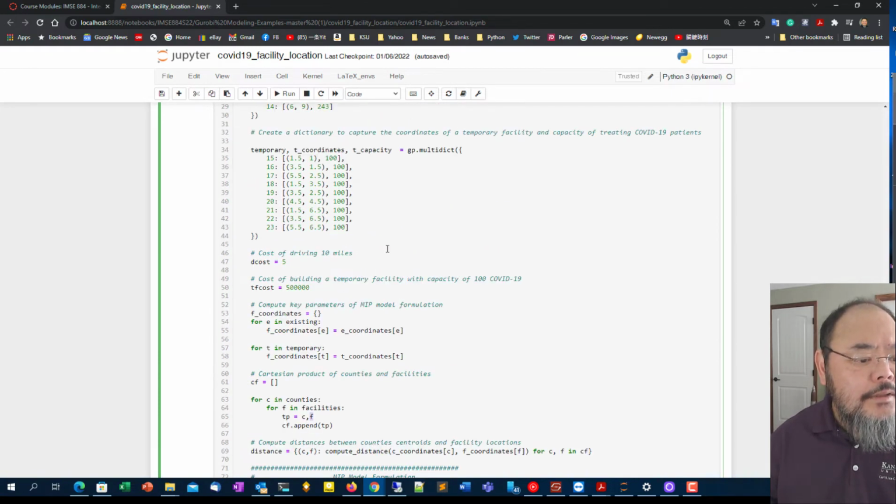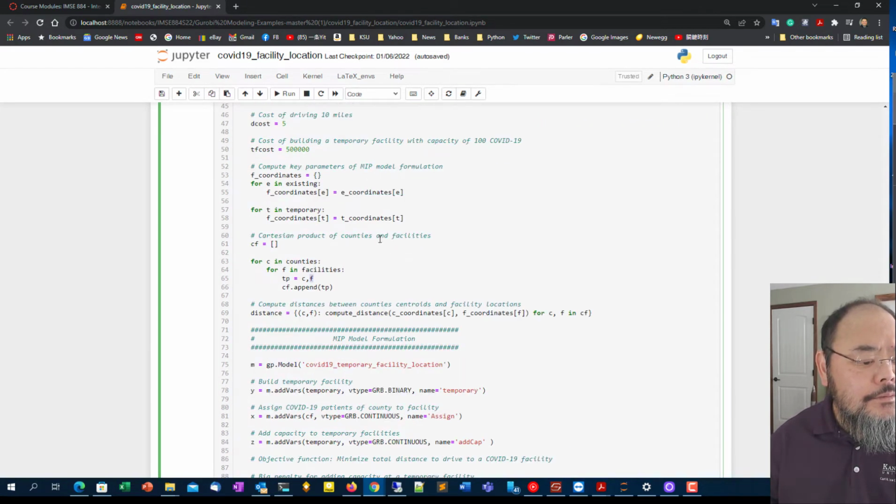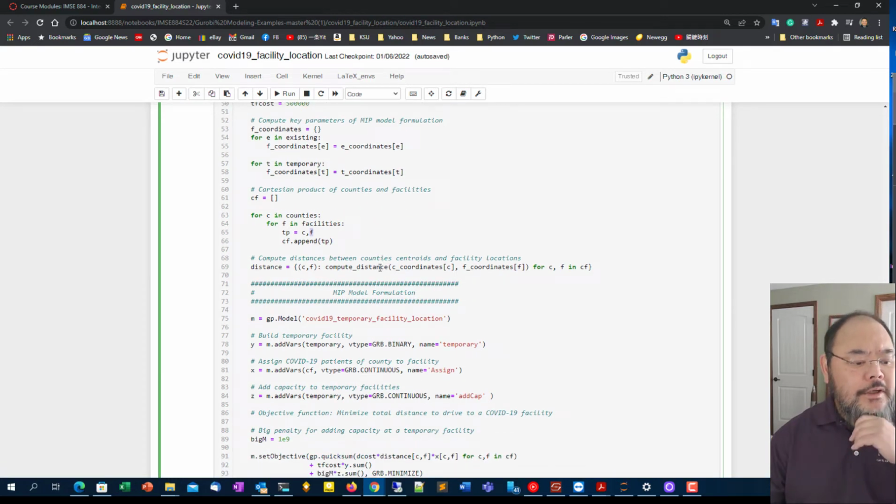All right, let's go back here. First is to compute all the parameters in preparation for our models. We're going to do the county and facility partition, so it's a pair index. We can calculate the distance from each county to each facility.